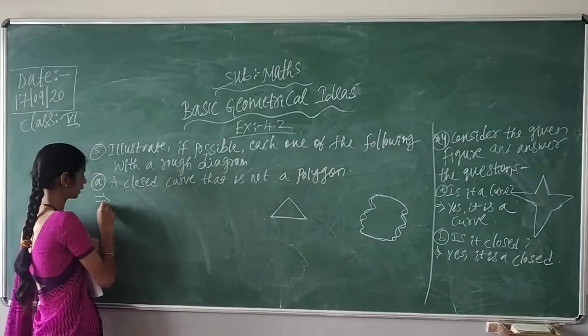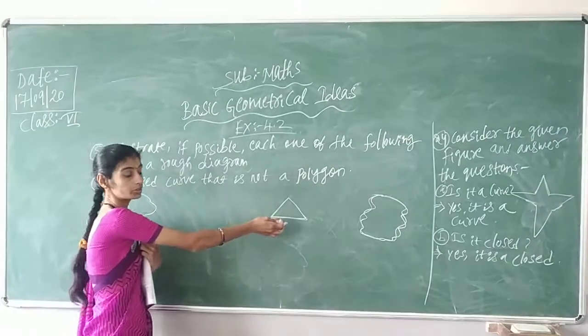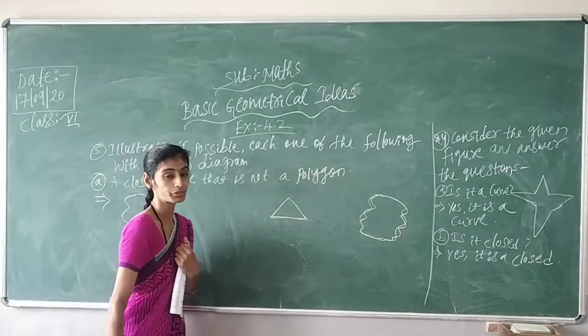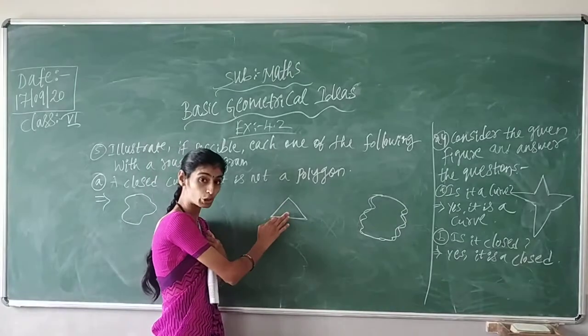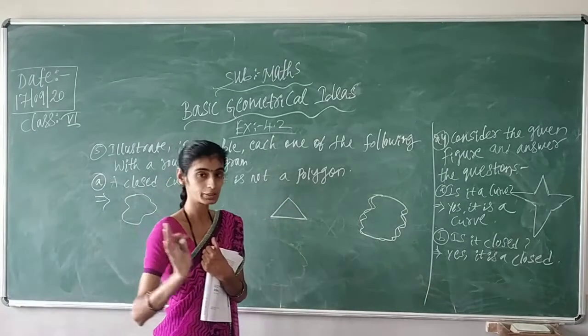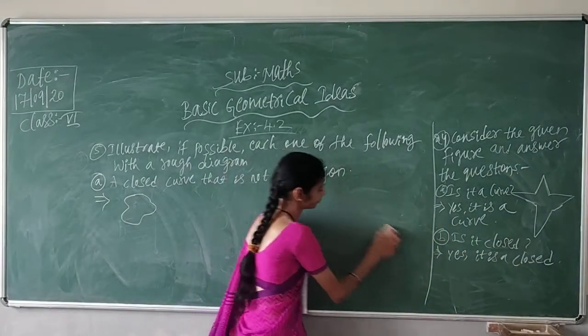So what is the diagram for this? You can draw any shape like this. You cannot draw this triangle because it is a polygon. It is made up of line segments. Though it is closed, you cannot give the example for this. Please make the difference clear. Read the questions properly. Okay?